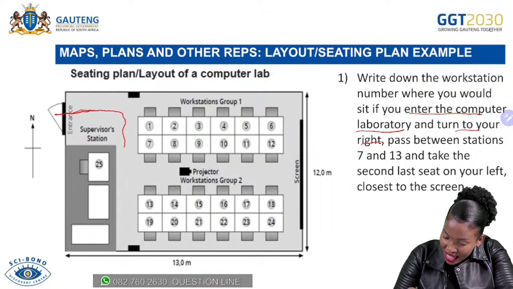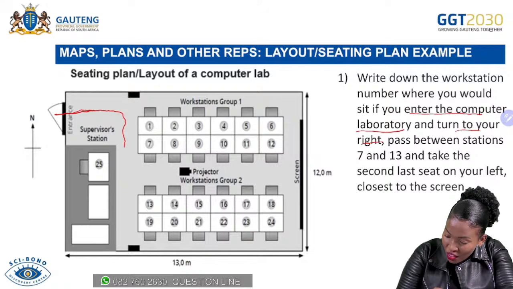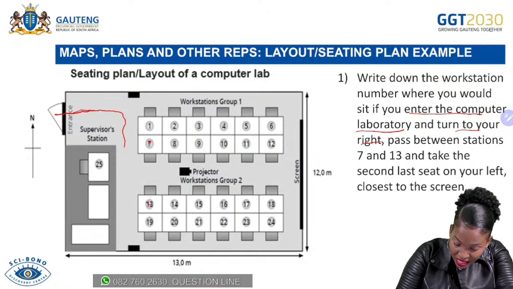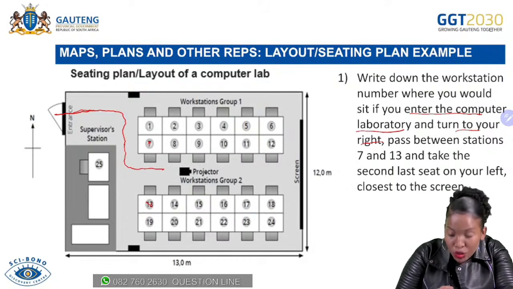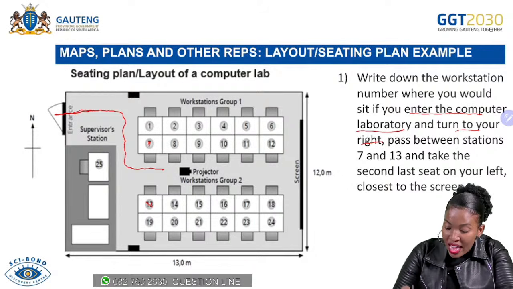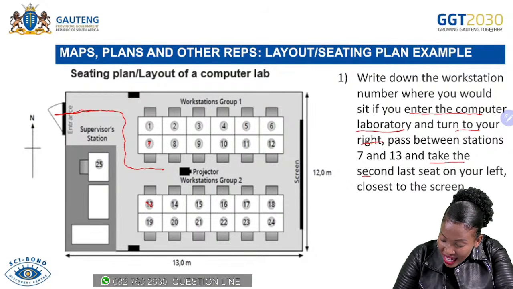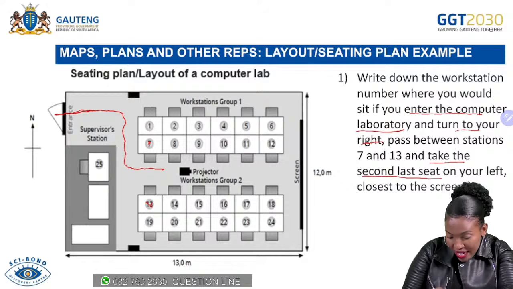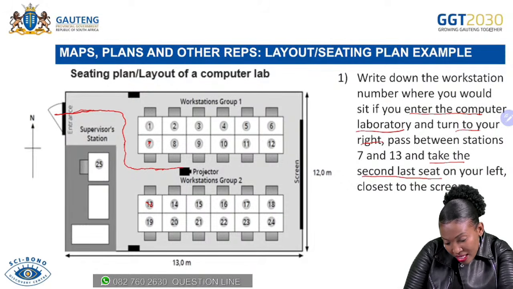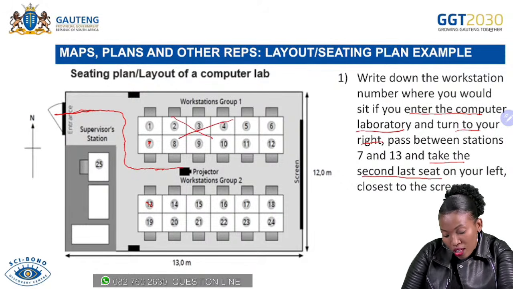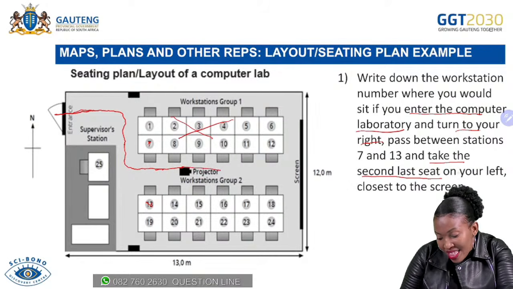Turn to your right and then pass between the workstation 7 and 13. This is 7, this is 13. So they say you must pass between them. This is between them. And then take the second last seat on your left. So as you are moving here, this area is your left. So which seat must you take? The second last seat.